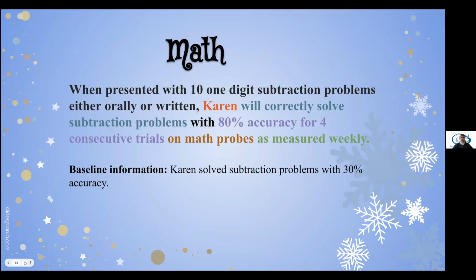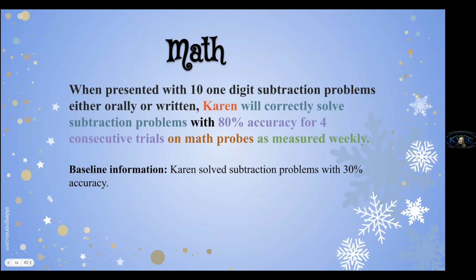Okay. Let's talk about the same example with Karen. In this particular goal, we're saying that when we give her 10 one-digit subtraction problems, she's going to correctly solve them with 80% accuracy. We know she's currently able to solve subtraction problems with about 30% accuracy.